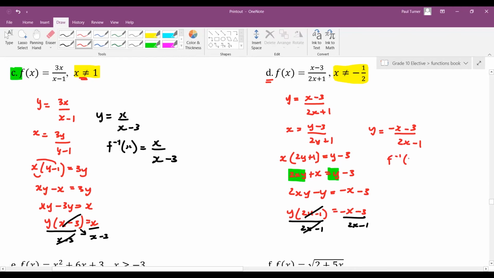So this is your inverse: minus x minus 3 on 2x minus 1. But like I said, your inverse function may look different than that. But if I graph them, I may find it's actually the same. So don't worry if you got something slightly different than that. The signs may be different, that's all. So that's your inverse function there, okay, for that one.